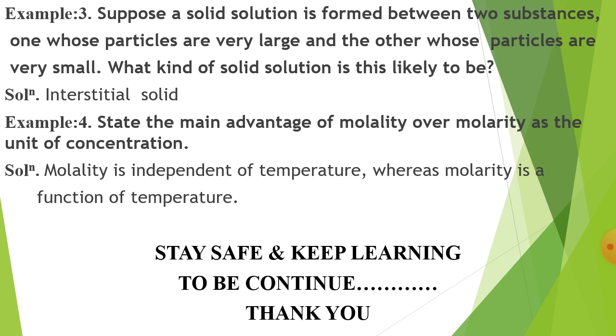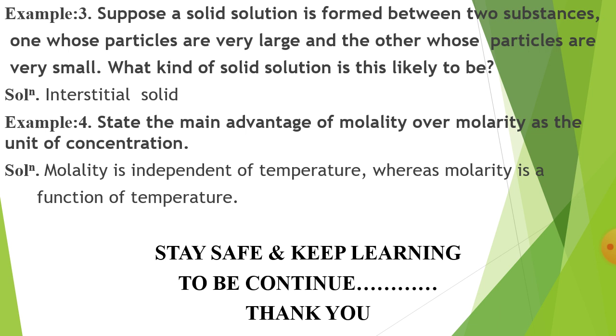Example third. Suppose a solid solution is formed between two substances, one whose particles are very large and the other whose particles are very small. What kind of solid solution is it likely to be?